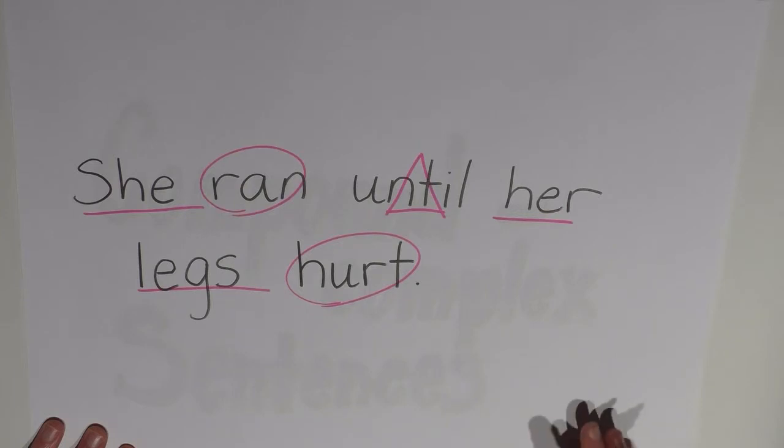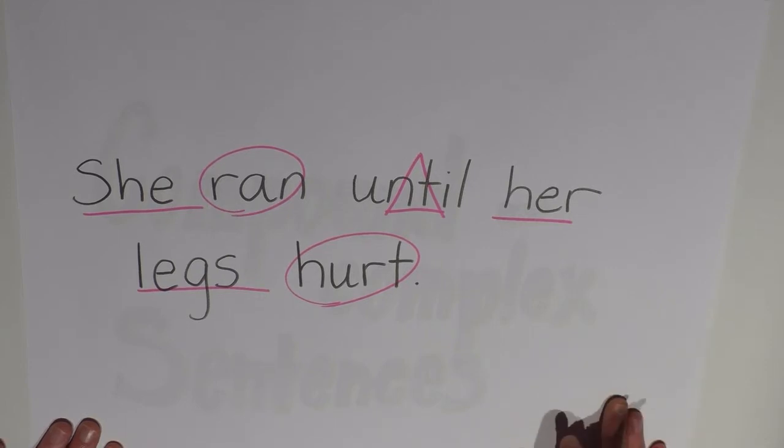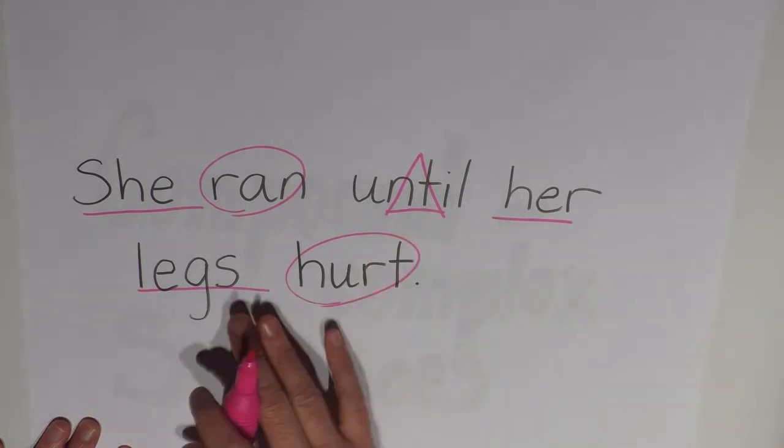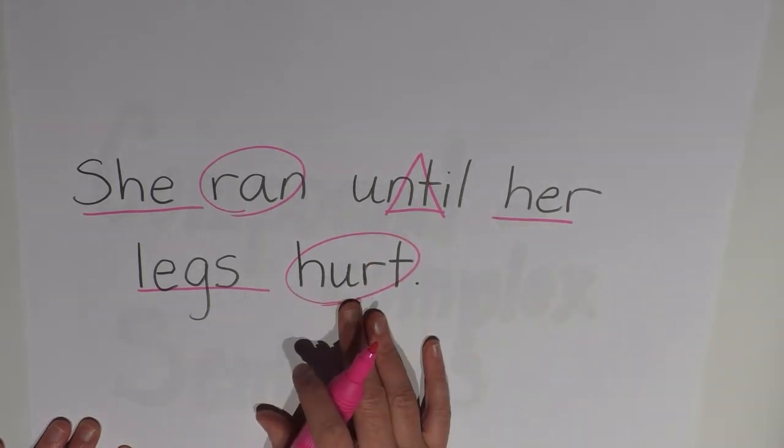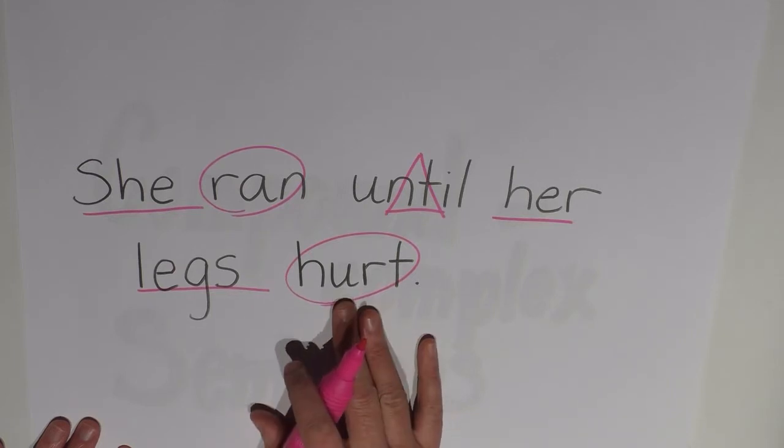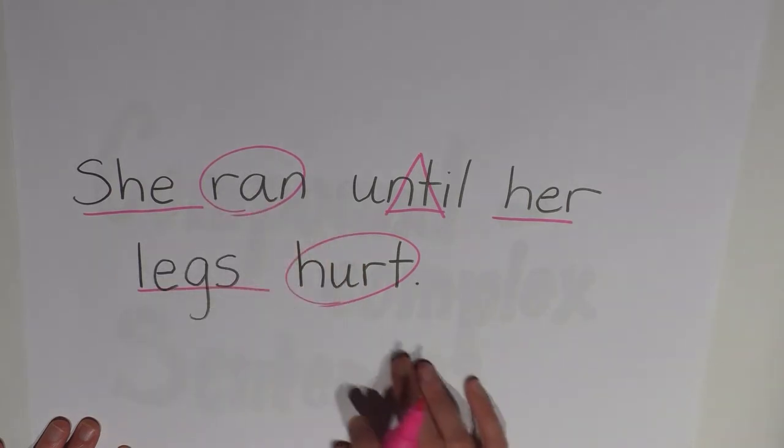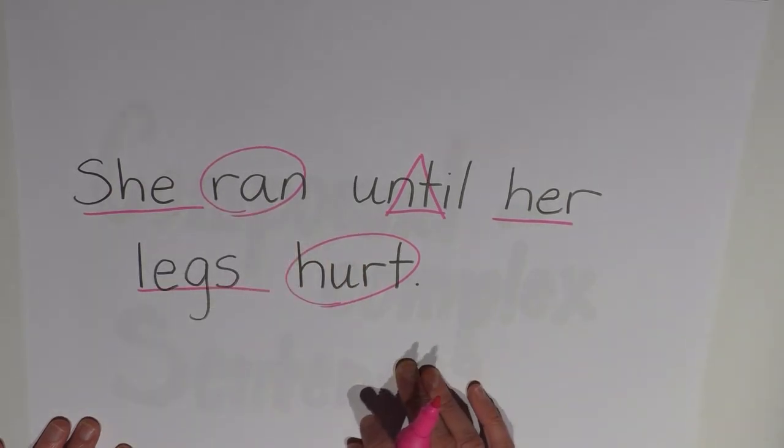Well, I think in this situation, it is actually answering a when question, or until when. How long did she run? Well, until her legs hurt. So it's giving us additional information. In this situation, therefore, until her legs hurt is a subordinating conjunction, a subordinate clause, and she ran is the main clause in this sentence.